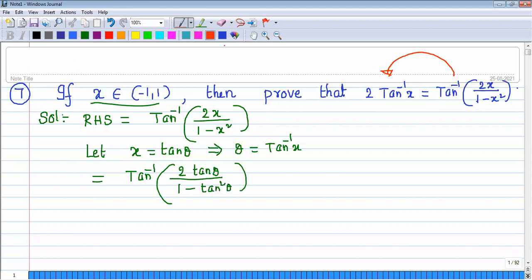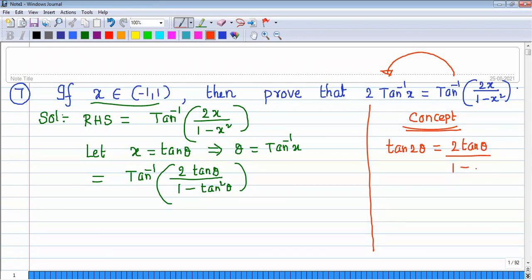From multiple and submultiple angles, we know this concept. Let me recall the formula: tan 2 theta is equal to 2 tan theta upon 1 minus tan square theta.